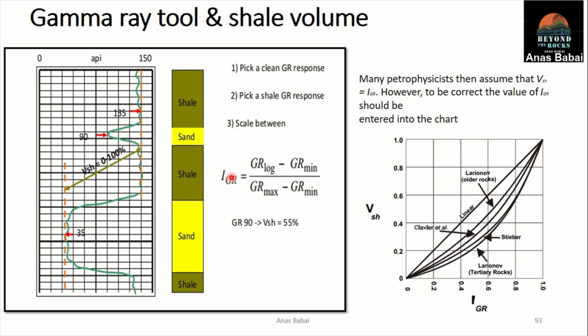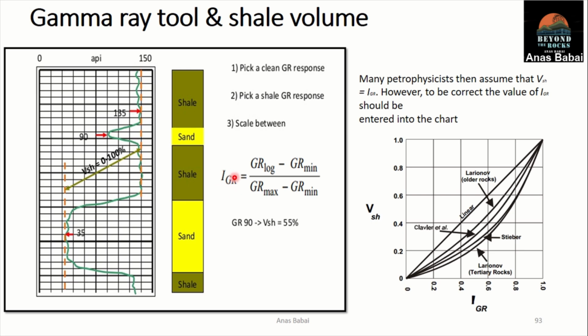So that makes the gamma ray index equal to 90 minus 35 divided by 135 minus 35, and that gives us a specific value for the gamma ray index. In most cases, most petrophysicists assume that the gamma ray index is equal to the volume of shale or volume of clay.